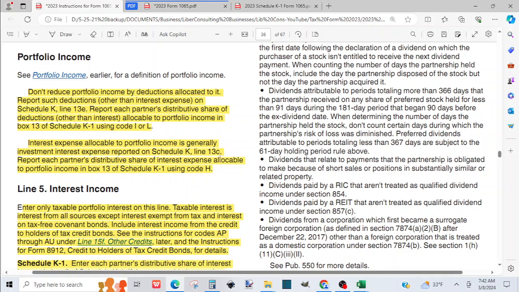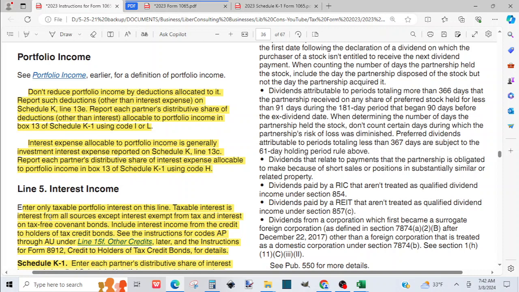So if you have income on line 13C, those expenses will go on Schedule K, line 13B. Report each partner's share of those expenses on their Schedule K-1 using code H.